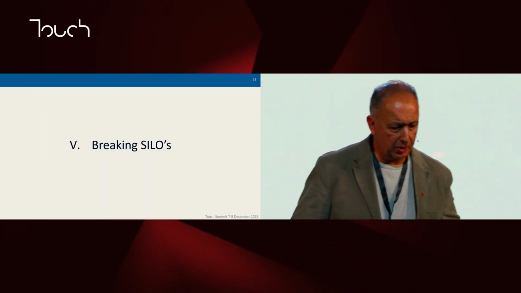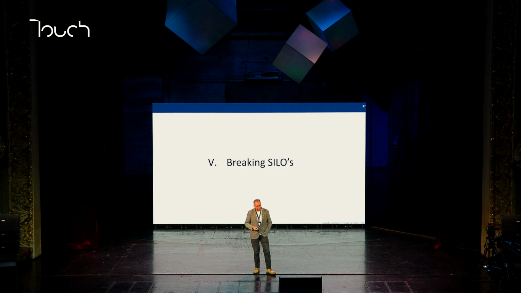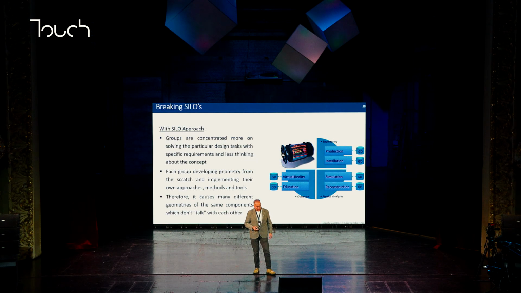What is next? About the silo, I will be very short with this. This is the last challenge I would like to introduce for today. If we have different departments inside the design office, the silo is that the people are very much separated. They have their platforms, their methodologies, etc. They produce geometry models, and those models are not speaking to each other.